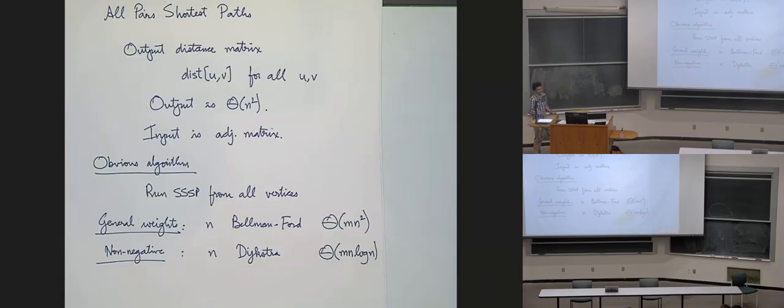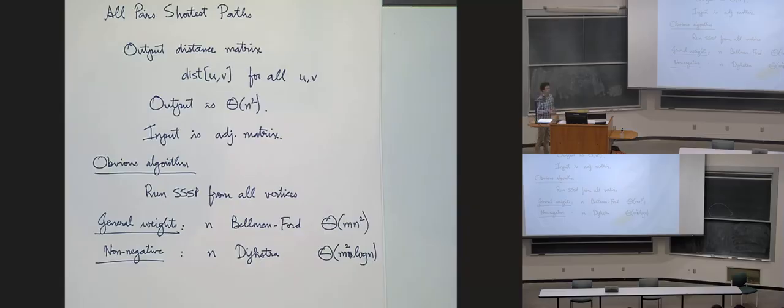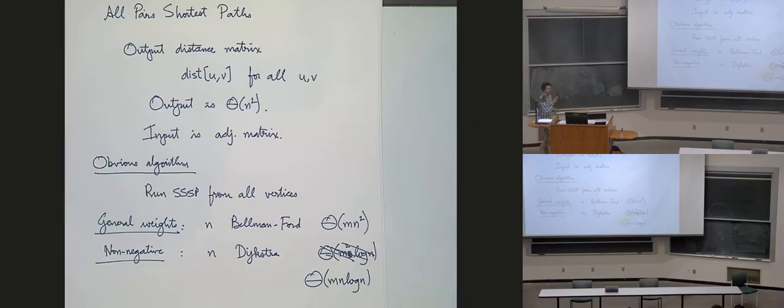Or, sorry, m squared log n. Wait, no, I'm right. mn log n. Right? m log n for each Dijkstra, and you did n of them. So mn log n. Great.